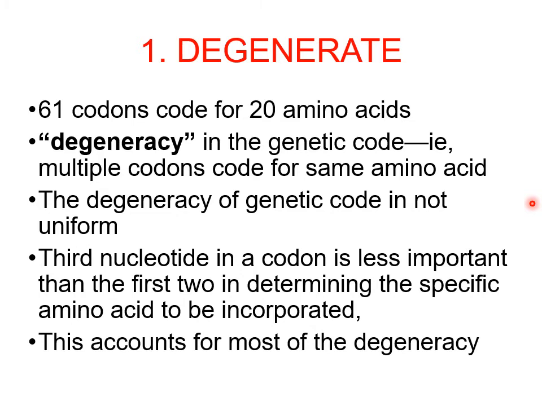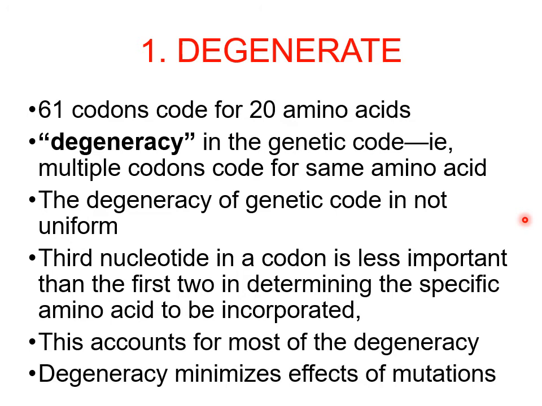So most of the degeneracy of the genetic code is because of the lesser importance of the third nucleotide in determining the amino acid. Now the importance of this degeneracy is that degeneracy minimizes the effects of mutations. We will see how degeneracy can minimize the effects of mutations in the next part of the session.